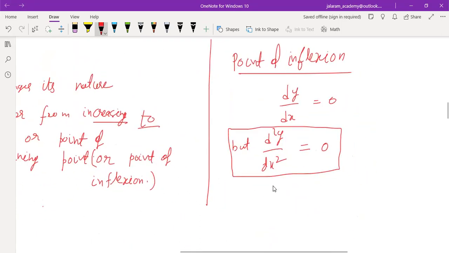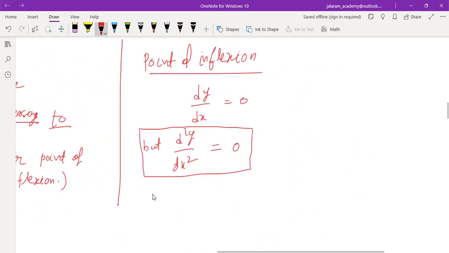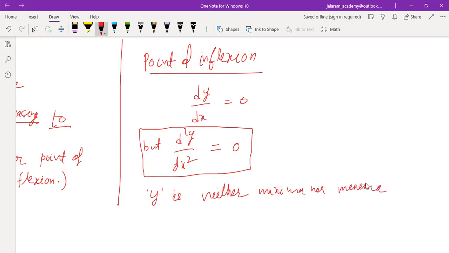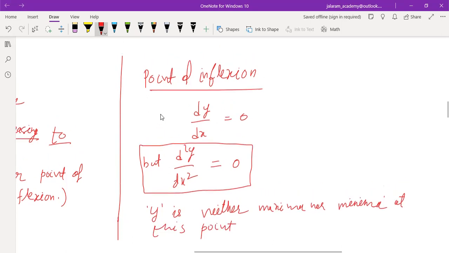But when d2y by dx square becomes 0, y is neither maxima nor minima at this point. So that point is called what? Point of inflection.